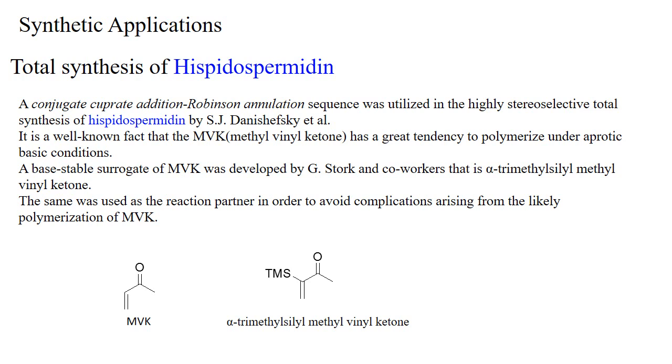Remember, both MVK and its resembling compound can be used as a reactant to prepare an intermediate which is required for the total synthesis of histidospermidine. The resembling compound of MVK was used as the reaction partner in order to avoid complications arising from the polymerization of MVK.